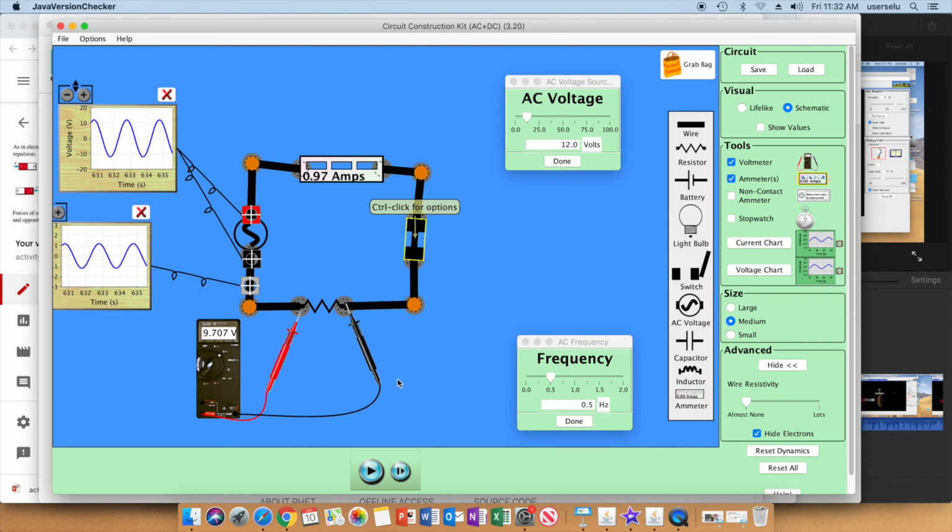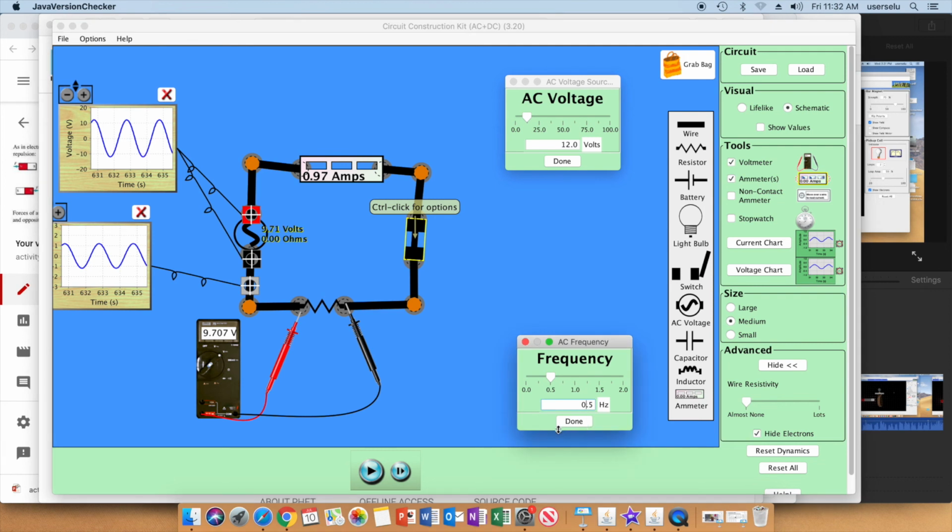Now, another thing I'm going to do here is change the frequency. Right now, the frequency, as I said, is on 1/2 hertz. Let me come over here and hit 1.5. I didn't hit 1.5. I hit 1.5 hertz. I better enter that to make sure I do it.